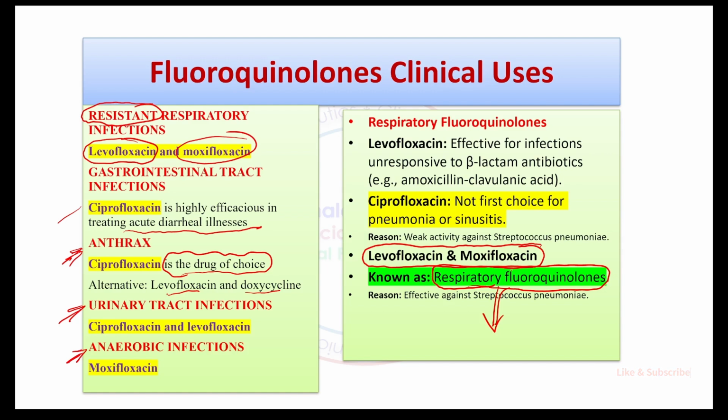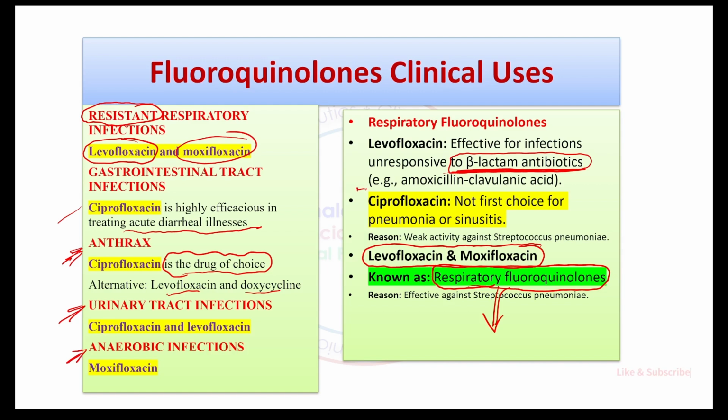This alternative option will be levofloxacin, moxifloxacin, considered respiratory fluoroquinolones used for respiratory infection. So if the patient is already on a beta-lactam antibiotic, but this group of medication is ineffective in the treatment of respiratory infection, the alternative will be levofloxacin, moxifloxacin.